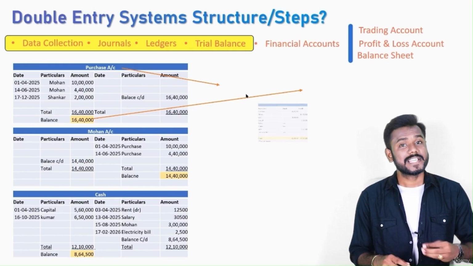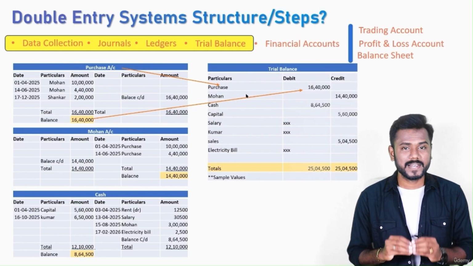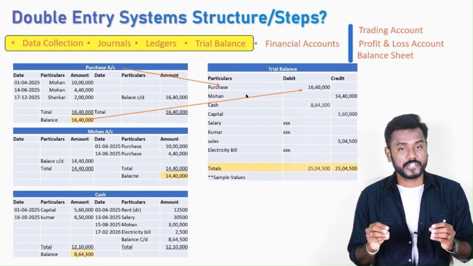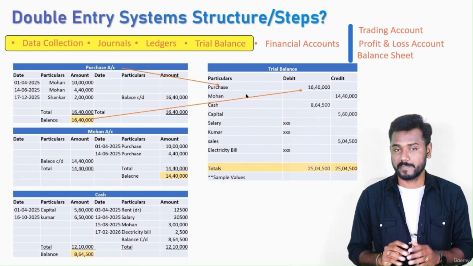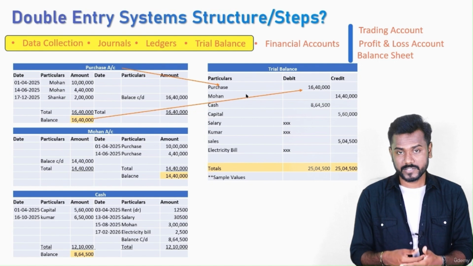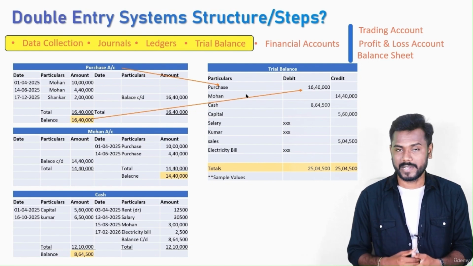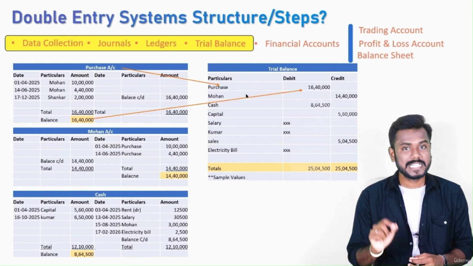No. The next step you have is the trial balance. Trial balance is a statement which shows the accuracy of the ledger summaries. By preparing ledgers, you already got some summaries, and the totals need to be validated by posting into the trial balance. You just need to post the account head and the summary.